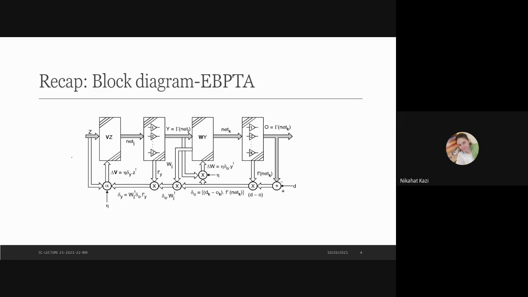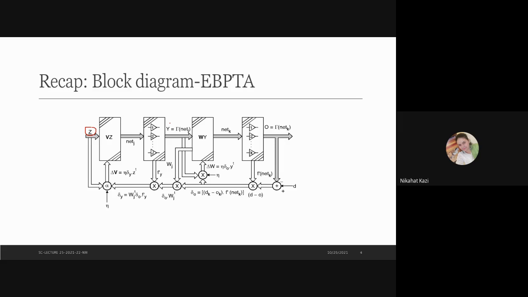We were talking about this algorithm with respect to a single hidden layer, so a three-layered architecture: input layer, followed by hidden layer, followed by the output layer. Some notations we had used to represent the neurons as well as the weights. Z was the input vector.